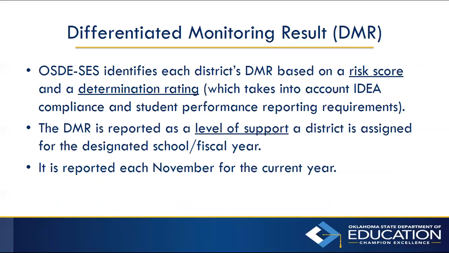In our differentiated monitoring, our DMR, you get a risk score and a determination rating. Those are two scores that each district gets, and they will determine your level of support, or your DMR level of support, the reason that you're here today, either a level 2, 3, or 4. You got that information Friday or early Monday.